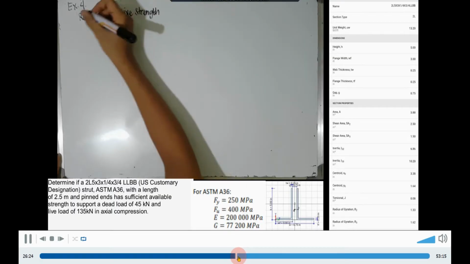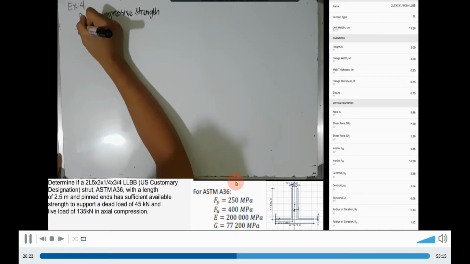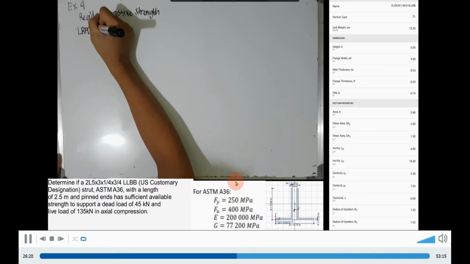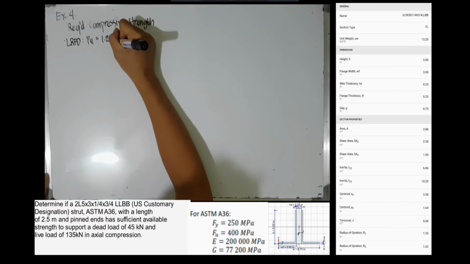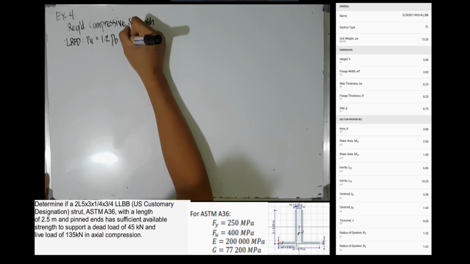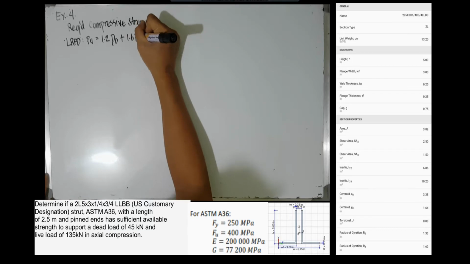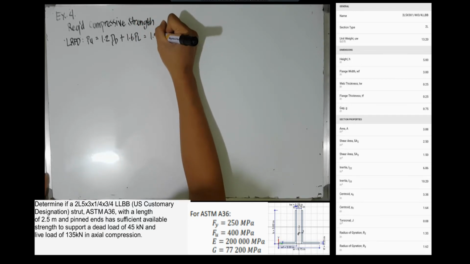So the first step is to determine the required compressive strength using LRFD and ASD. So same procedure, 1.2 the dead load plus 1.6 of the live load.